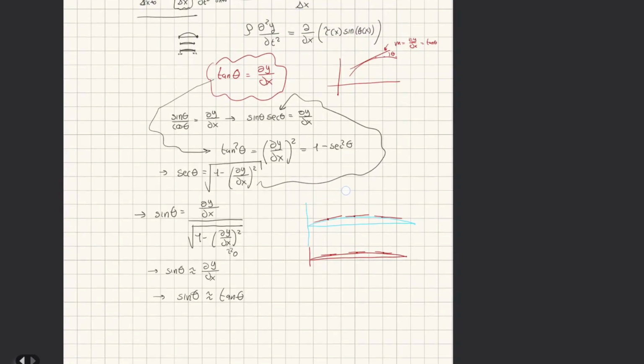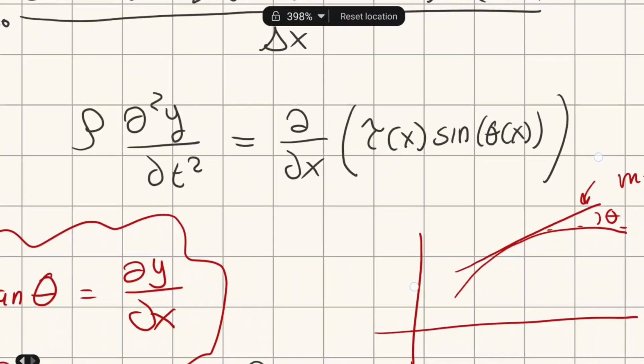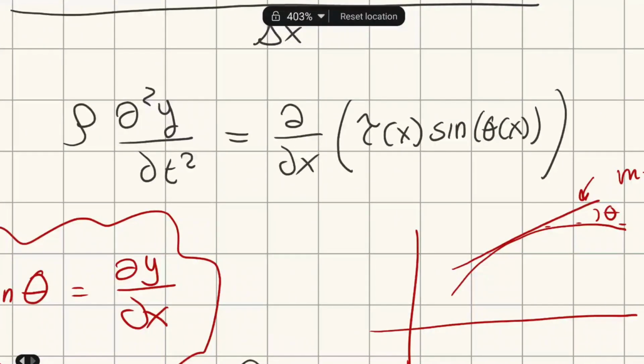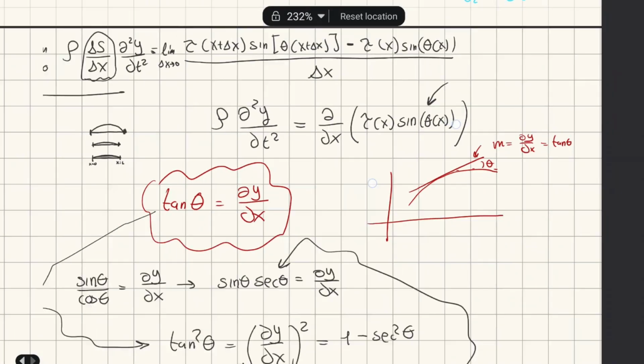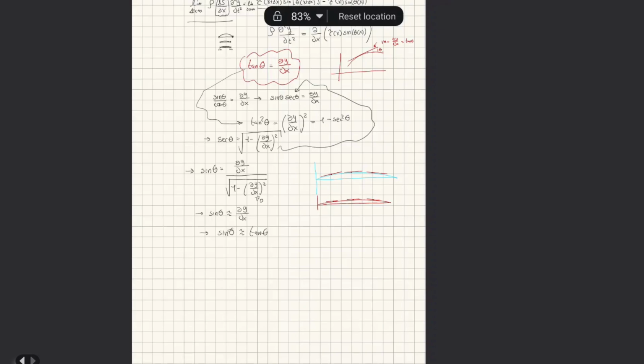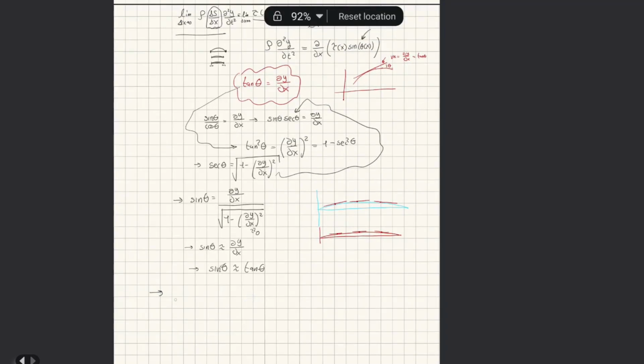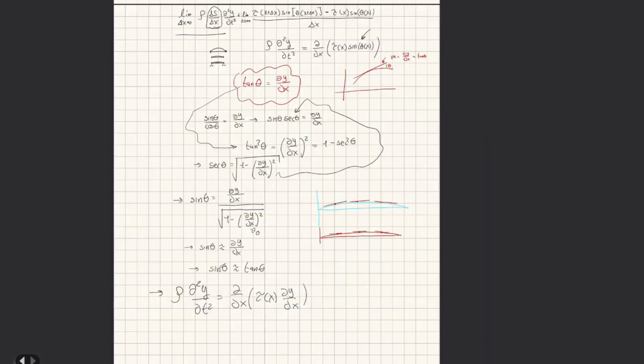Okay, perfect. With that, we can go back to the differential equation that we constructed and take this sin θ to be equal to tan θ, which is equal to the derivative of y with respect to x. So we can conclude that rho times the second derivative of y with respect to time is equal to the derivative with respect to x of tau of x times the derivative of y with respect to x.